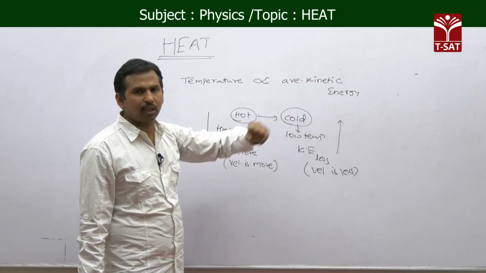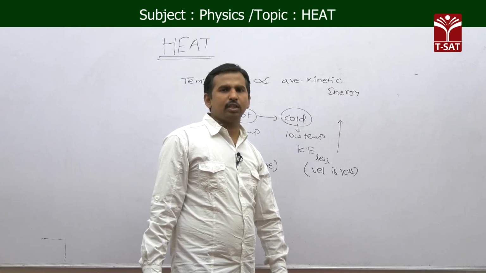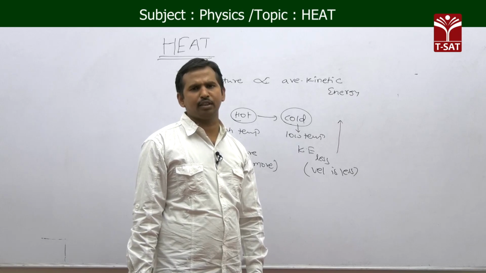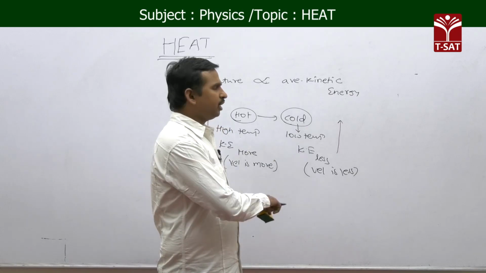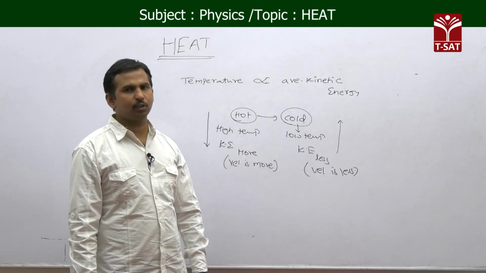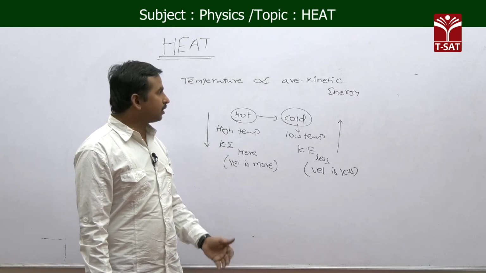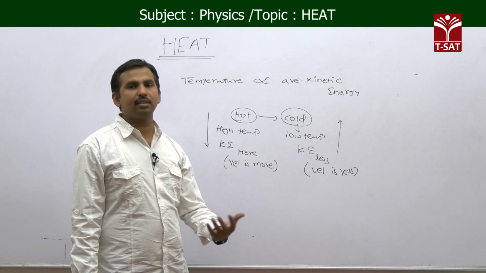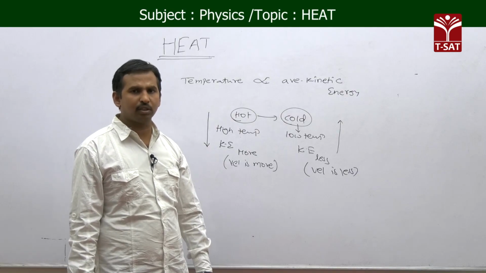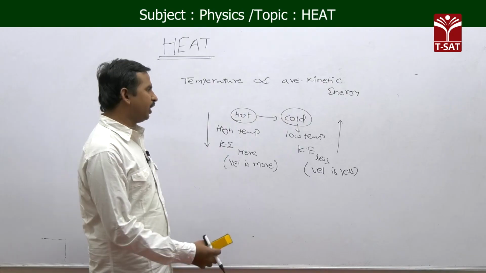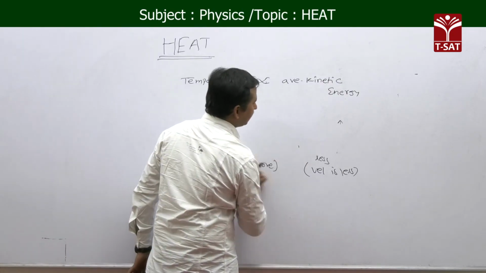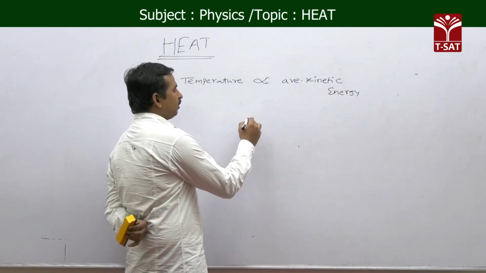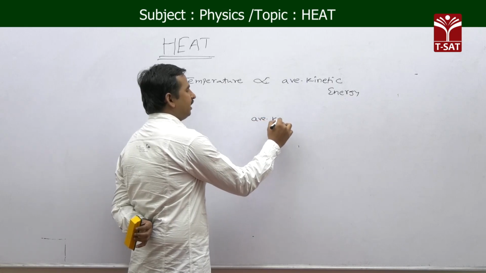As we know, all bodies do not have the same temperature, depending on the average kinetic energy present inside them. Even if you supply heat energy to a substance, not all substances increase their temperature equally, because whenever you supply heat energy to a substance, it doesn't mean it is utilized only for kinetic energy. Okay, some of them use their energy for average kinetic energy.